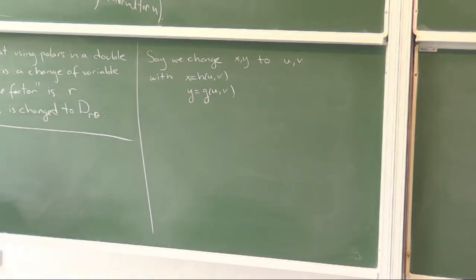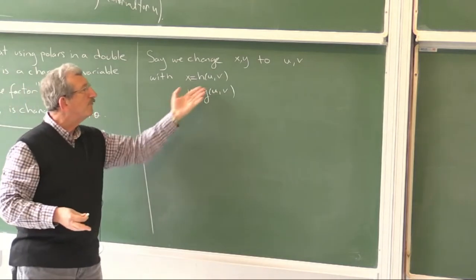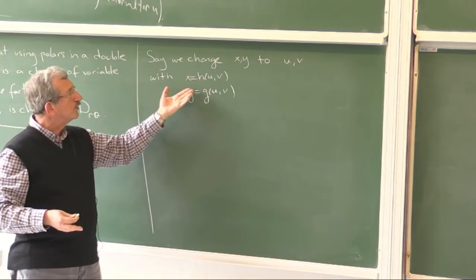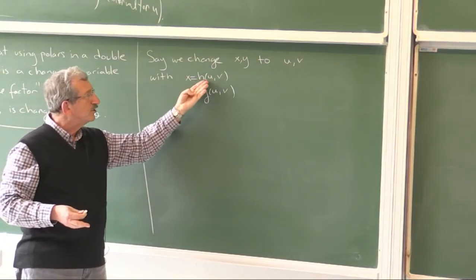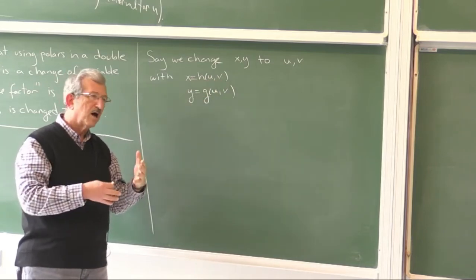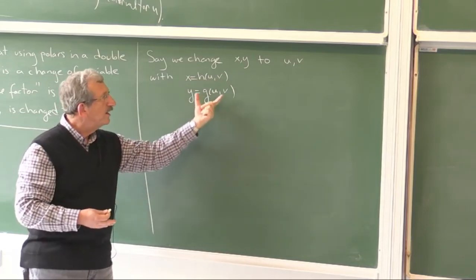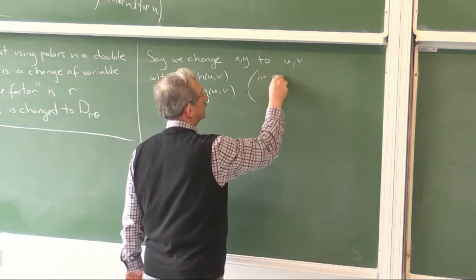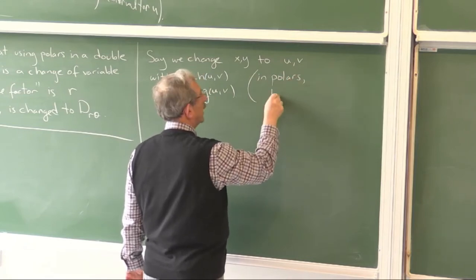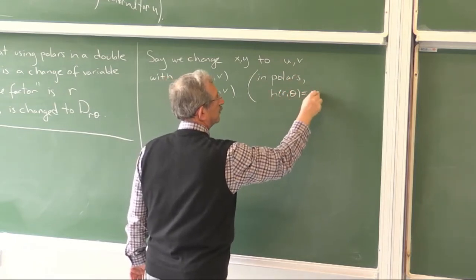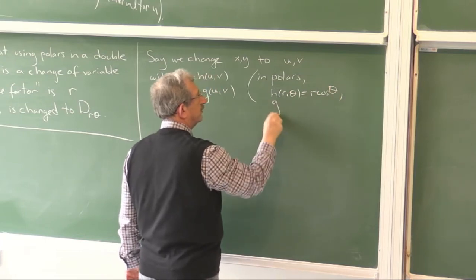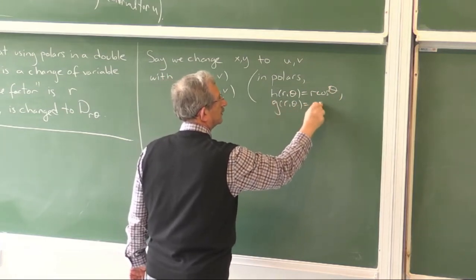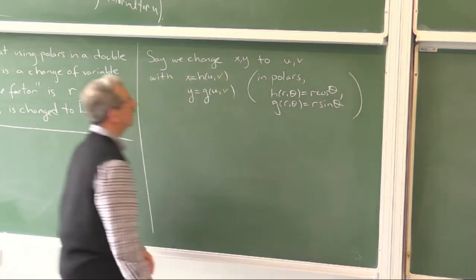Of course, in one variable, x is f of u is enough, but in two variables, you may have two different functions. Well, of course, in polars, h of r theta is r times cosine theta, and g of r theta is r times sine theta.